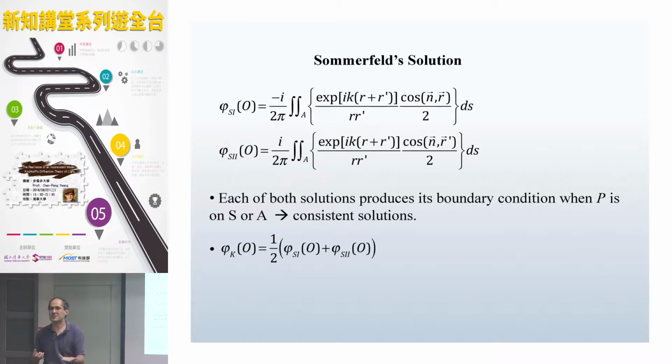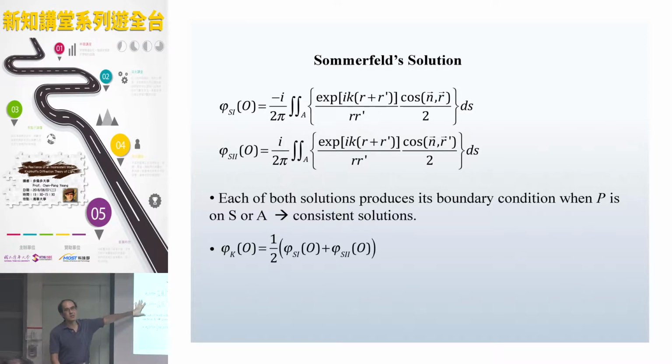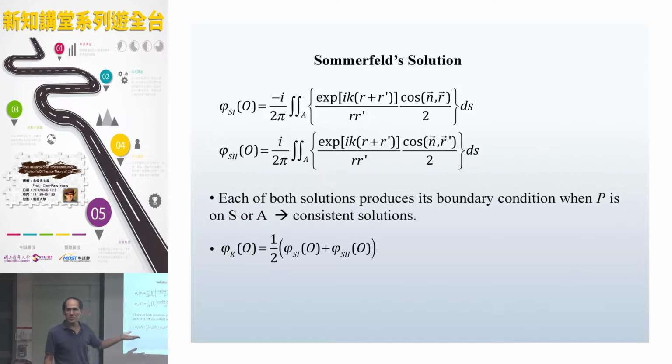That's the complete specification. But if we specify both, it's over-determination, and it's bound to have some technical mathematical problems. So in other words, Sommerfeld's solutions solve these problems of inconsistency. As I said, they are consistent with their boundary conditions, and the Kirchhoff solution is the average of the two Sommerfeld solutions. Okay.